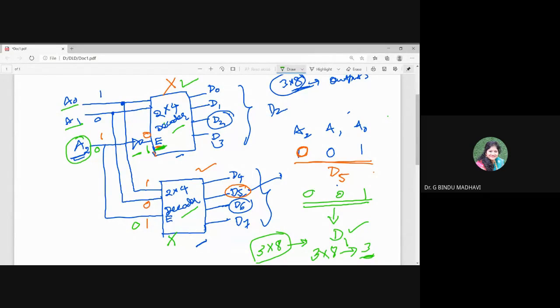The only way to make it non-working is E, because based on the E value only will the circuit take the inputs and give the outputs. So what is E? Enable. If enable is active, then only the circuit will work. If enable is not active, the circuit doesn't take any input and doesn't produce any output. Is it clear, ma'am?